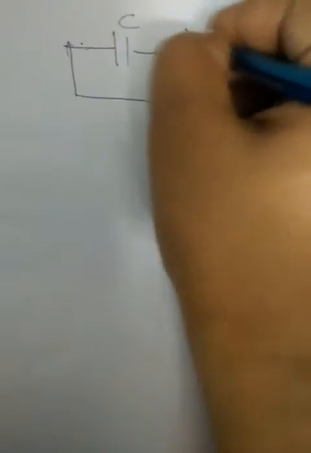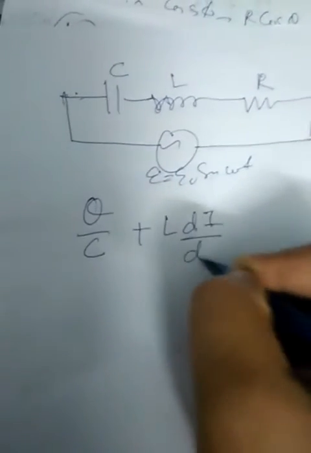This is an LCR circuit. This is the power supply. Now what you have to do is find the equation for this one. So I know Q by C is the potential drop across the capacitor, and L d by dt of I is the potential drop across the inductor.